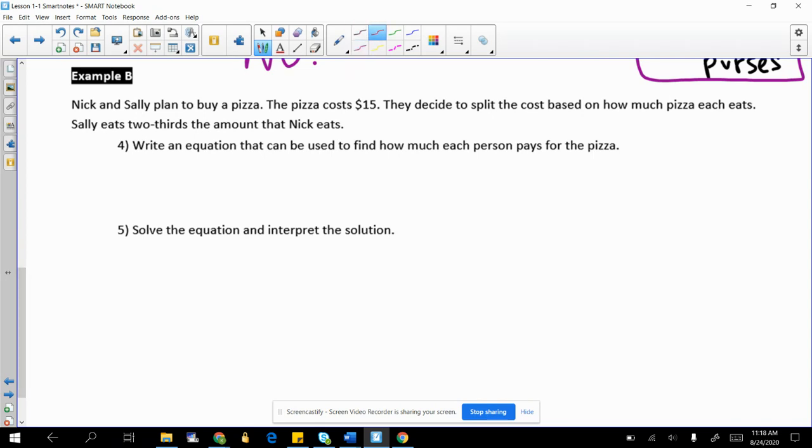So first, again, I'm going to start out with saying, okay, this is going to be how much Nick eats plus how much Sally eats is going to equal that total price.